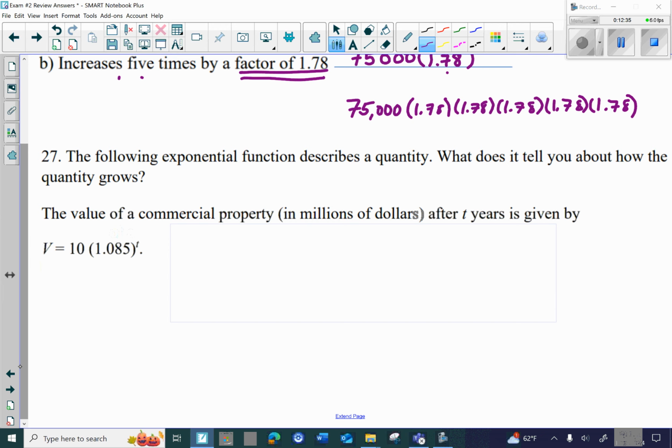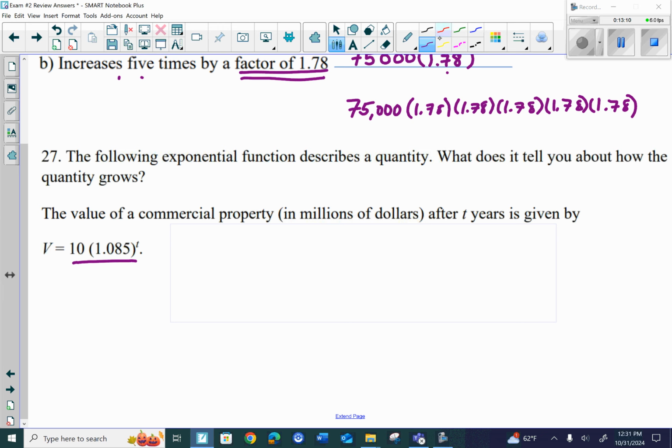The following exponential function describes a quantity. What does it tell you about how the quantity grows? So again, we are taking a function and interpreting what it's telling us in terms of the context of the problem. The value of a commercial property in millions of dollars after 2 years is given by this. So we would say that the initial value is $10 million. It's growing at a growth factor of 1.085, but that doesn't make sense in real language.